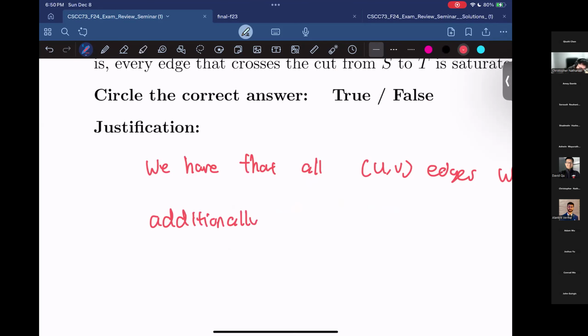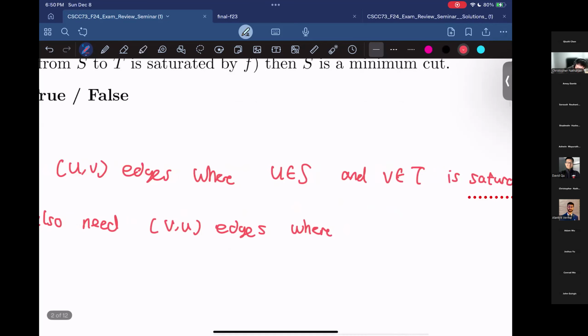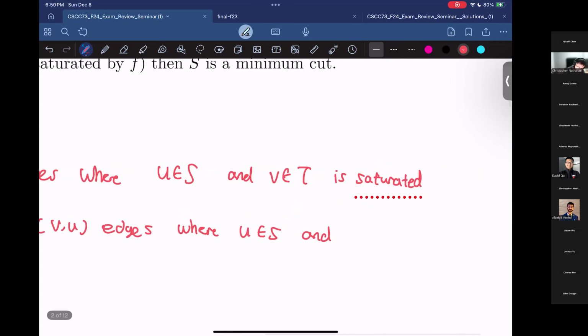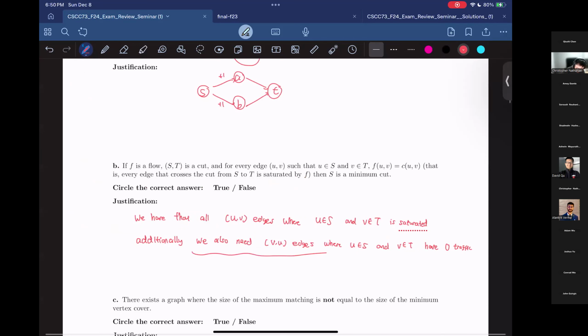Additionally, we also need VU edges, where same thing, U in S and V in T, have 0 traffic. So this is the part that's left out.